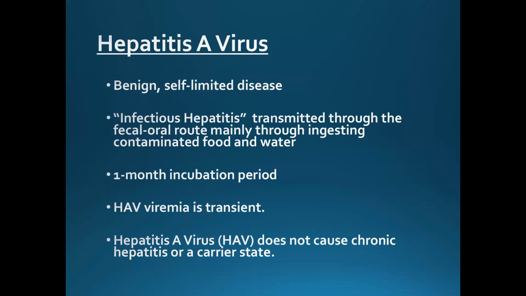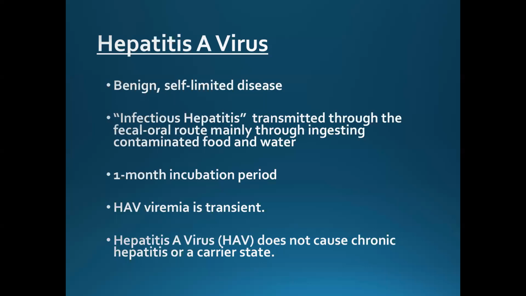We know, for example, that the HAV viremia is transient. As a result of that, they do not really focus on it much when you are donating blood, because they know that it is almost impossible or extremely rare that someone may transmit the virus by blood transfusion. And also the fact that it does not cause chronic hepatitis or a carrier state.